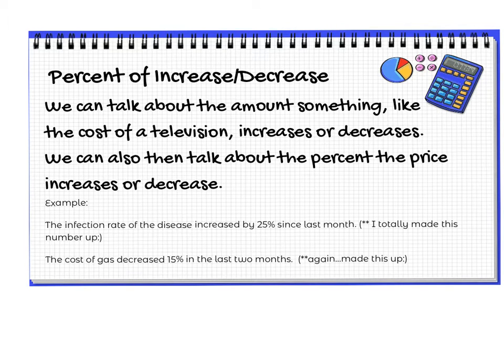It's a good 20 cents more expensive in Pennsylvania. But if I say our gas decreased or increased by this percent, and my grandmother in Pennsylvania says our gas increased by this percent, now we can compare those, because percent kind of evens everything out, so to speak.